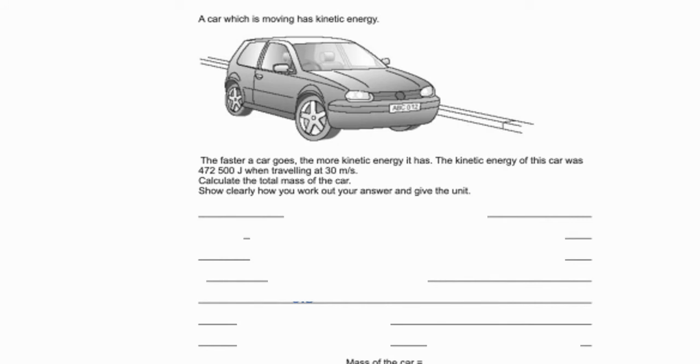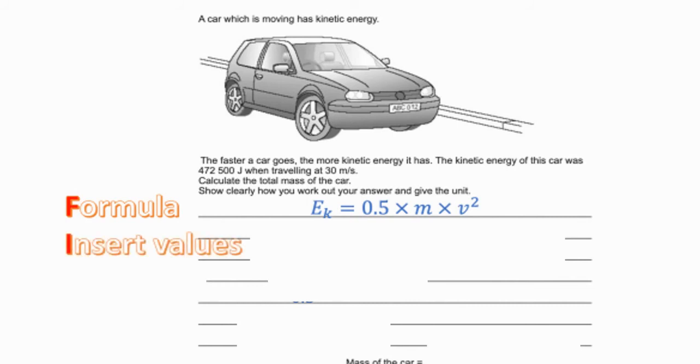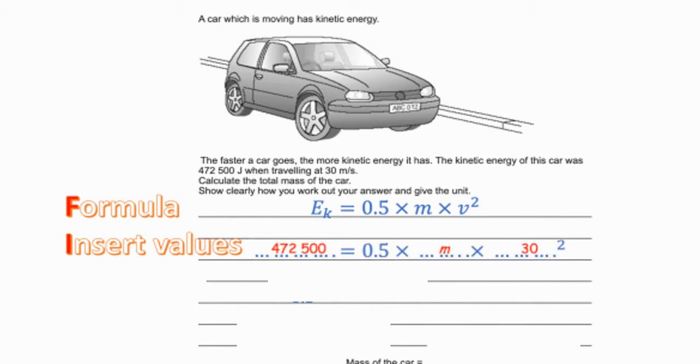So this is exactly how I would do it on a real exam. Firstly, F in FIFA stands for formula. So we write down the formula. We're allowed to write it in symbols. Secondly, I stands for insert values. So I'm going to look in the question, I can see what the kinetic energy and the velocity is, and I write those into my next line of working. F in FIFA stands for fine tune.